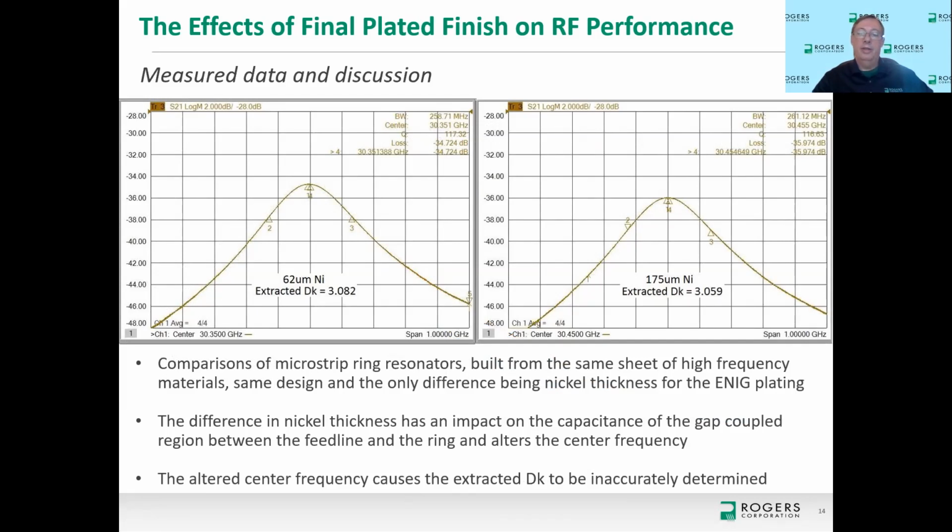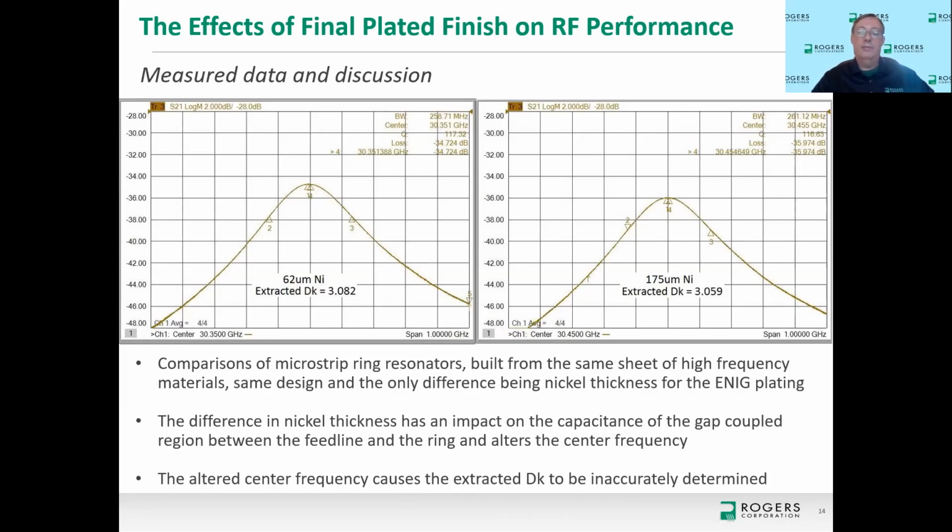This is testing the exact same material, same design, same everything. The only difference is thin nickel on the left, thick nickel on the right. And what happens is that difference in nickel makes a difference in the capacitance in the gap coupled area. So this particular ring resonator had feed lines on the left and right of the ring itself, and then gaps between the feed lines and the ring. And that gap coupled area does influence the center resonance frequency.